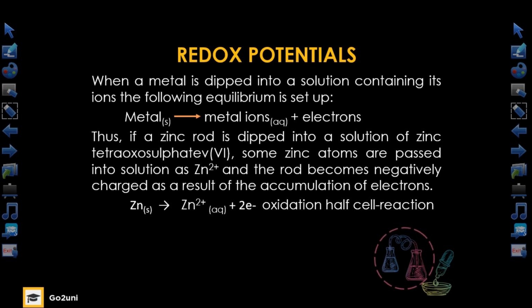When this happens, it is said to have created a potential between the zinc plate and the zinc salt solution. And this is what we call electropotential for zinc.